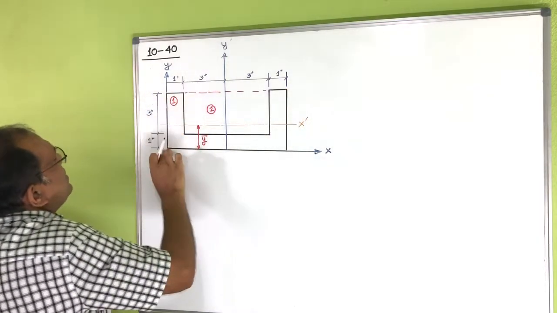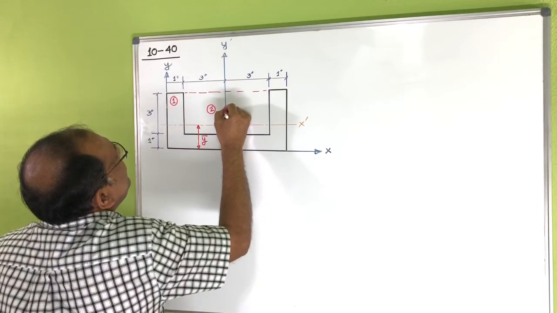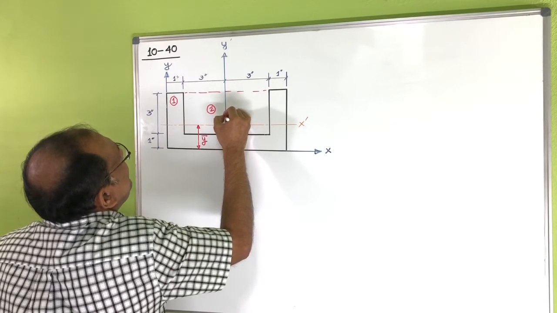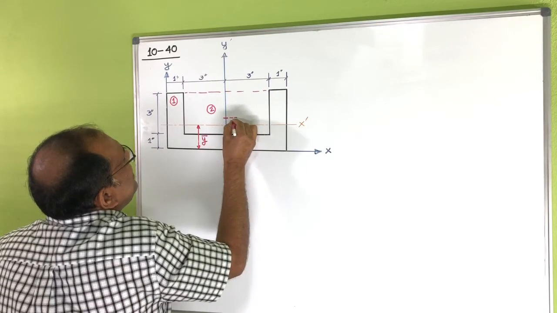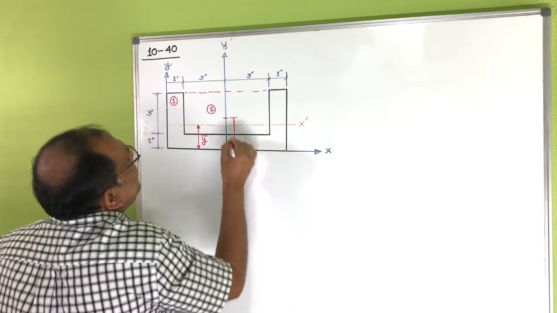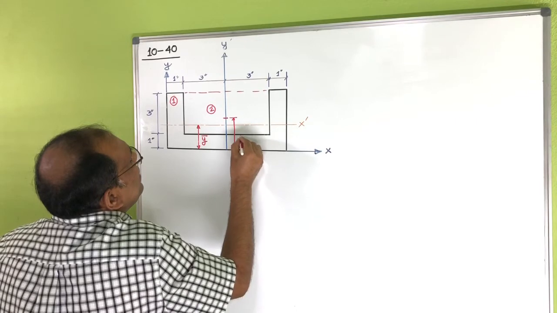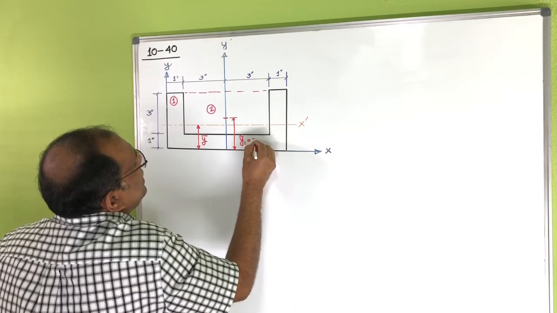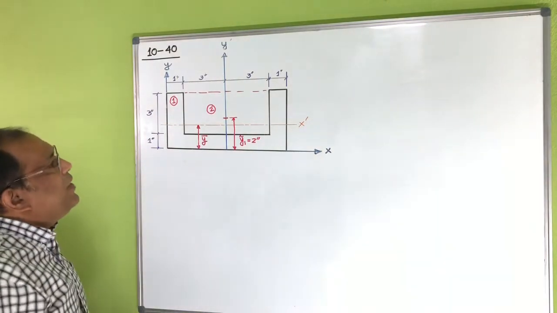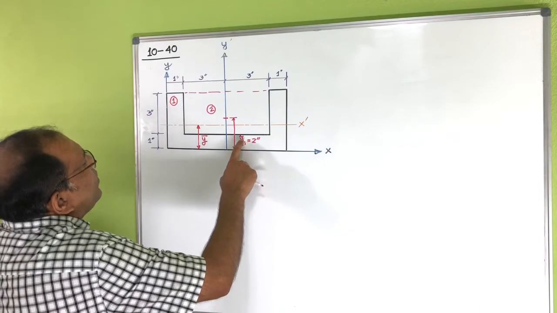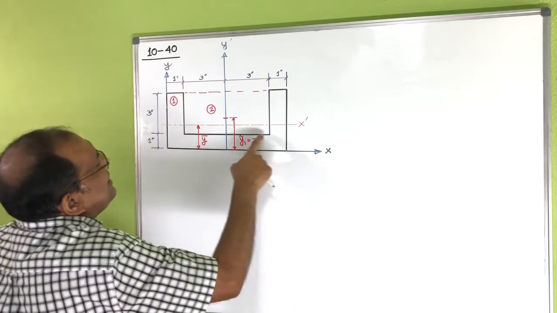Okay, so where is the centroidal axis of the big rectangle? You can see the total from here to here is 4, so it must be somewhere here, right? So y tilde 1 has to be 2 inch, right? Now let's find y tilde 2, that's my second area, right?